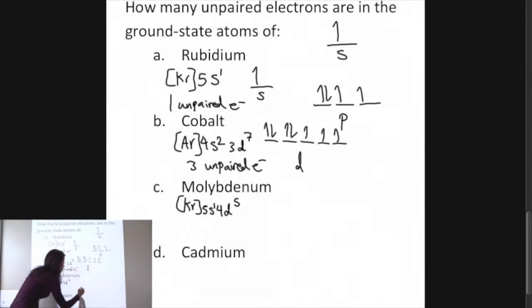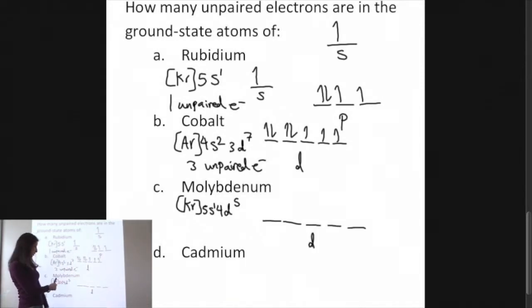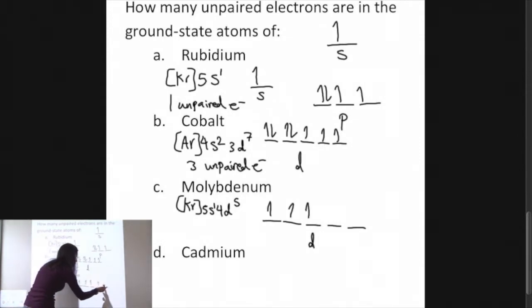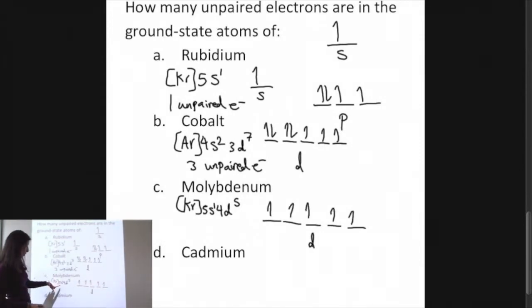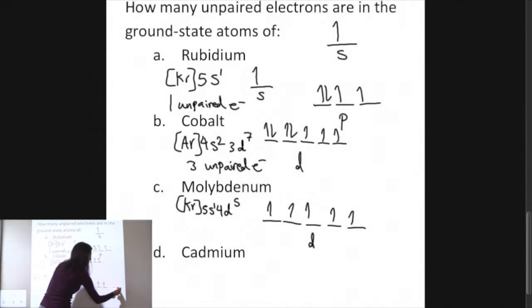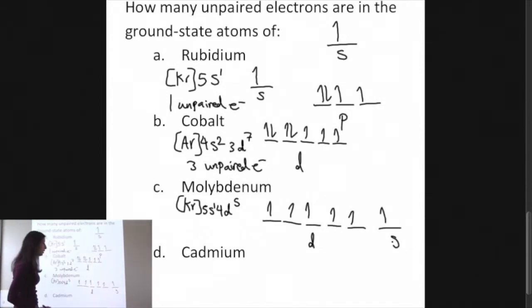And once again, we have 5 electrons in a d orbital. 1, 2, 3, 4, 5. Let's not forget about our s, which has 1 electron in it. And so that gives us a total of 6 unpaired electrons.